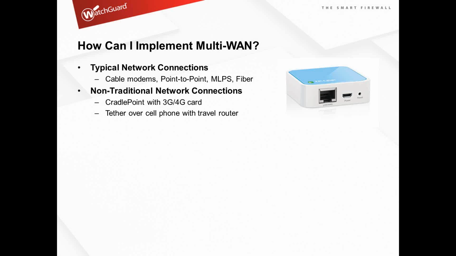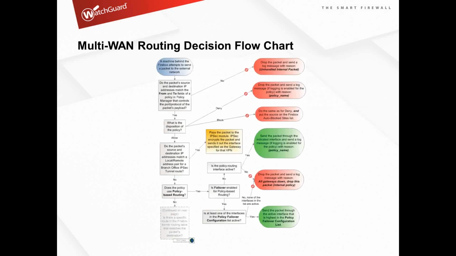Or maybe we look at using a cradle point with a 3G or 4G data card that simply gives you that Ethernet connection. There's a number of ways you could leverage this. Most of you probably have smartphones, and if your network goes down, you can tether over your smartphone. I can't guarantee that the bill will be that cheap, but that's definitely an option for you.